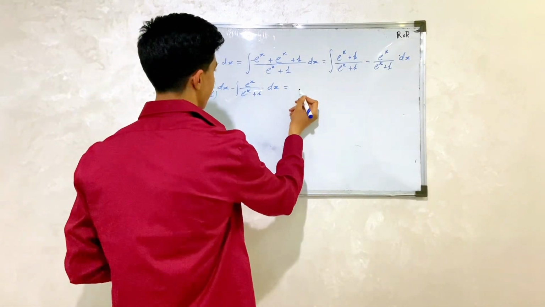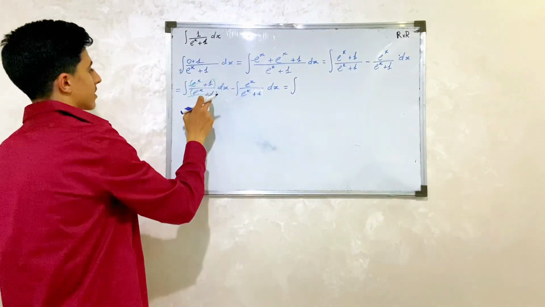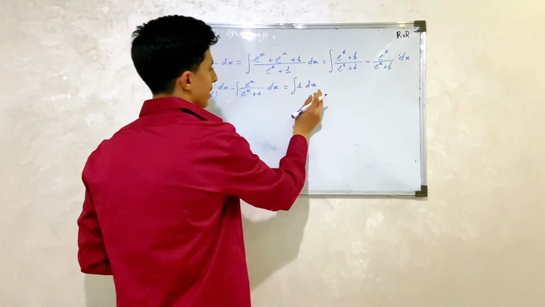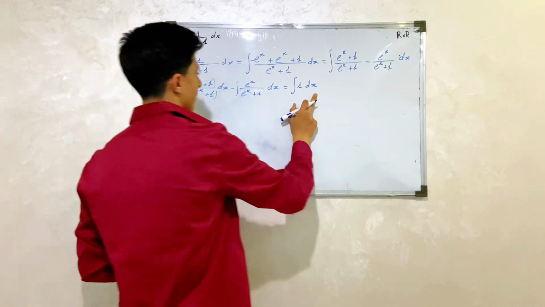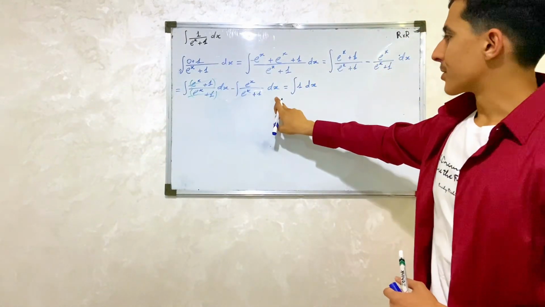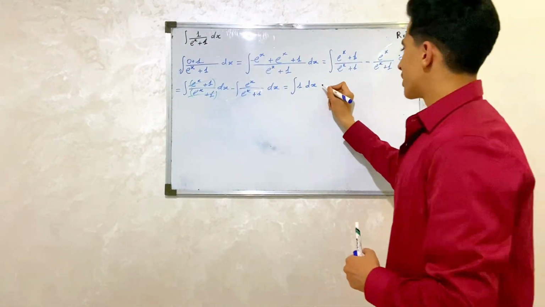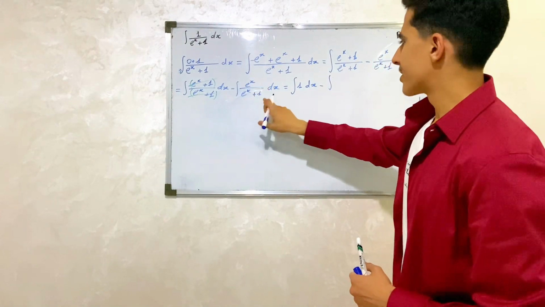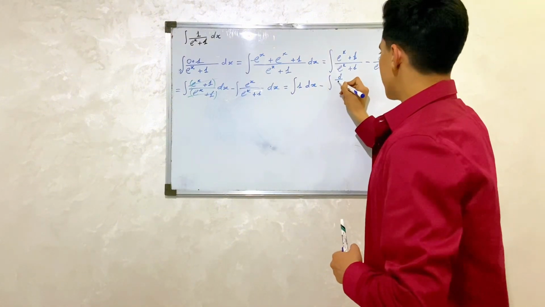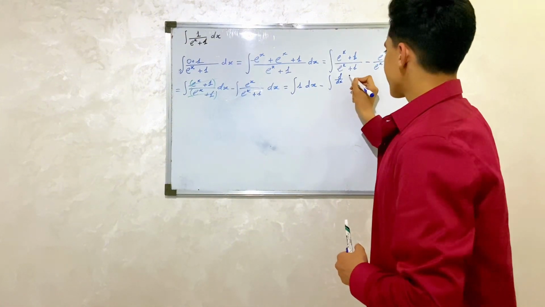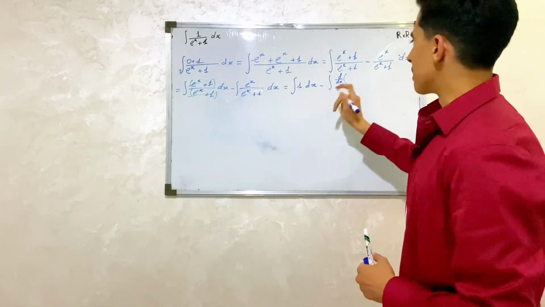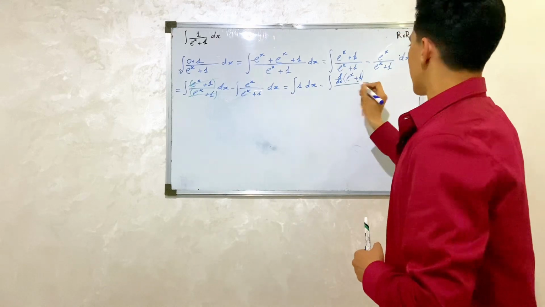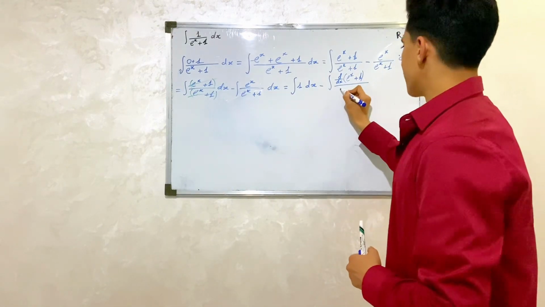So we are going to rewrite this as the integral. Having cancelled out this integral, it becomes the integral of 1 with respect to x minus this other part, which is, as we have just said, the derivative of e to the x plus 1 over e to the x plus 1.